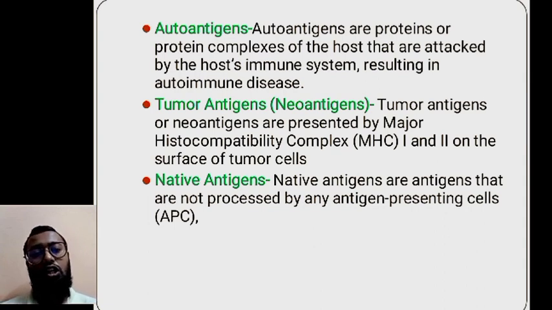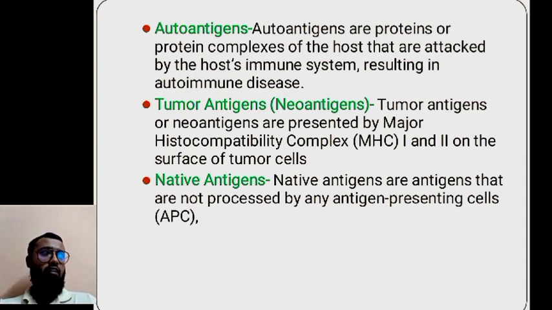They are also called neoantigens. Tumor antigens or neoantigens are presented by major histocompatibility complex, MHC class 1 and 2, on the surface of the tumor cell. They are also expressed by the tumor-inducing cells, and these antigens are produced as a result of cancer or tumor formation.